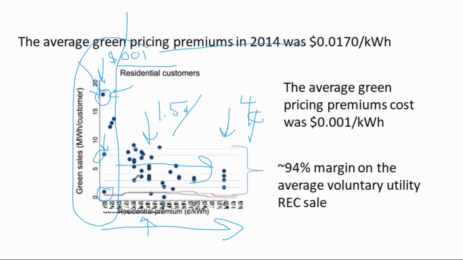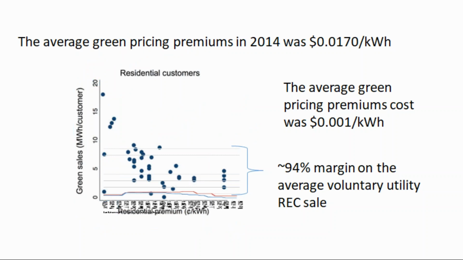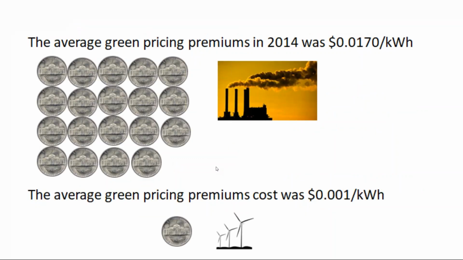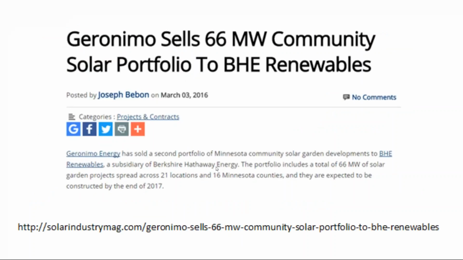So voluntary green power is one of the more profitable products that a utility has to offer. Why is that important? What it is saying is, maybe the utility with this renewable energy credit stuff, in some cases are going overboard.